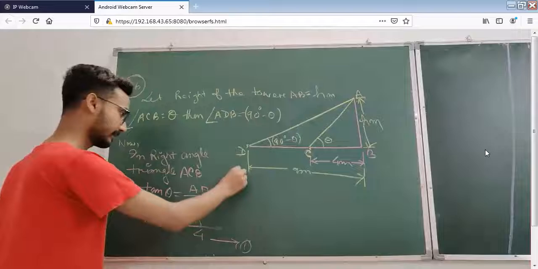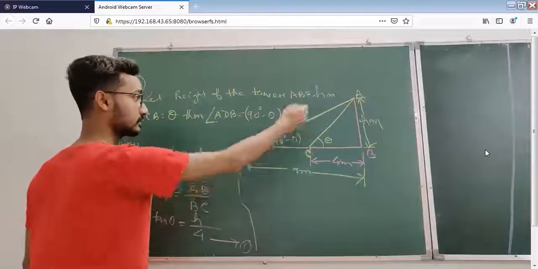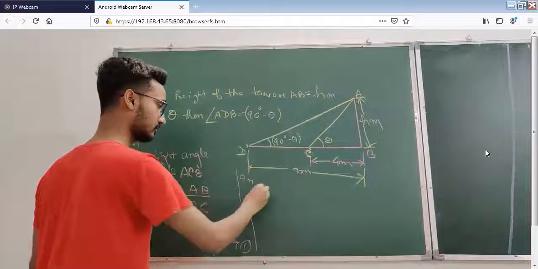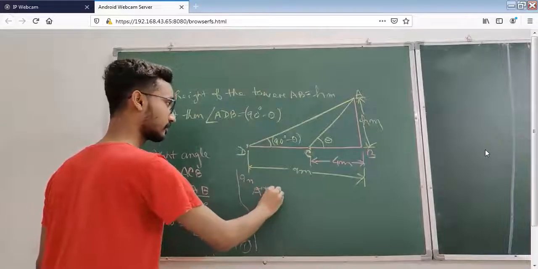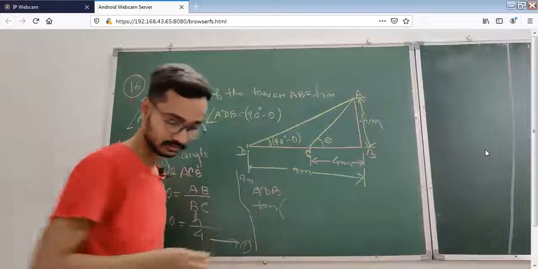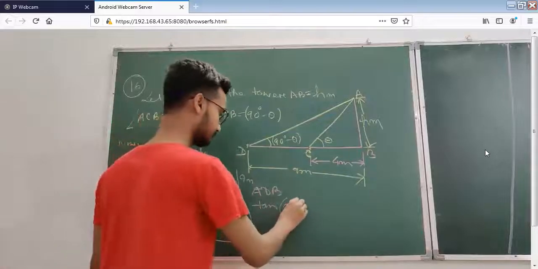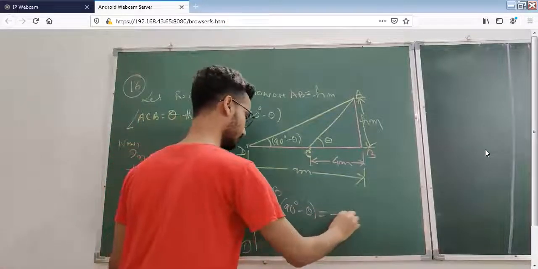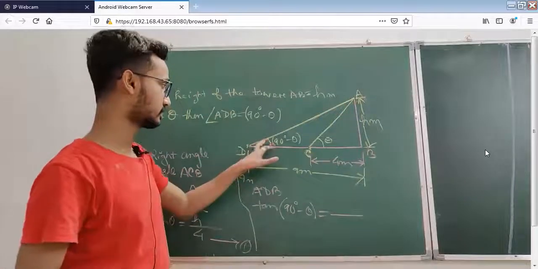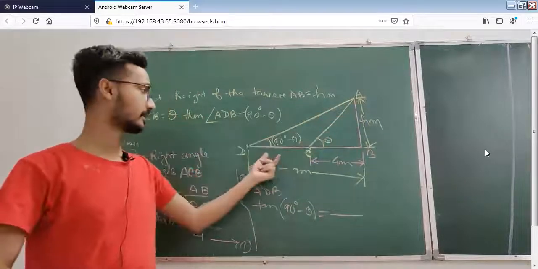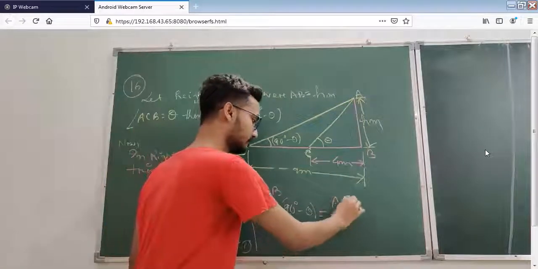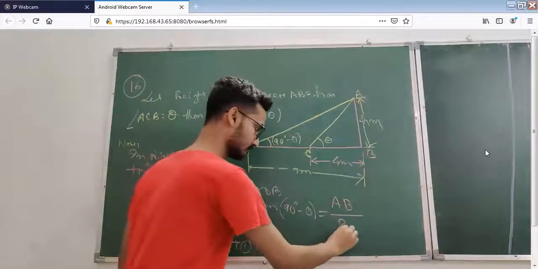Okay. Now again, if you take this triangle ADB in right angle, you can write in right angle triangle ADB, tan of 90 minus theta. Yes or no? Tan 90 minus theta. Now see, for this angle AB will be perpendicular and BD will be base, so it will be AB by BD.